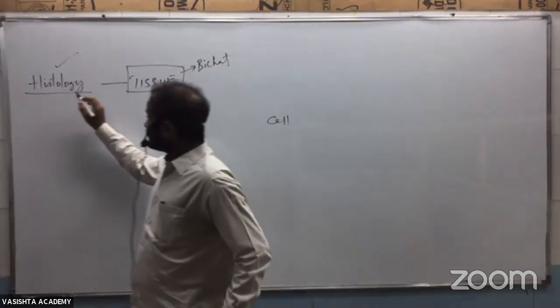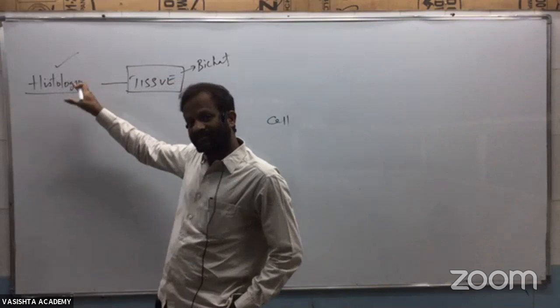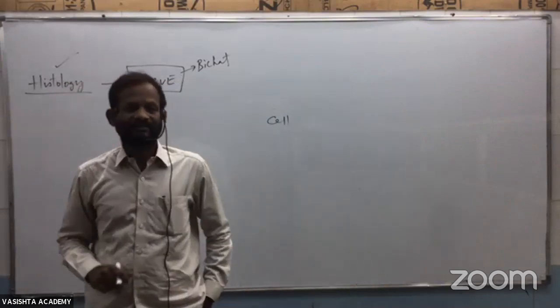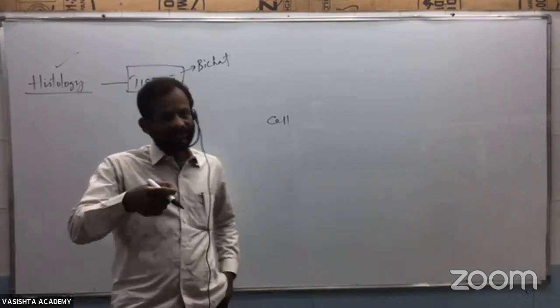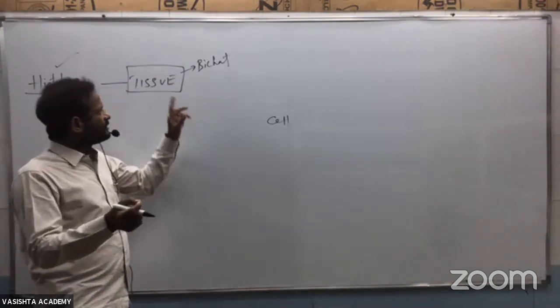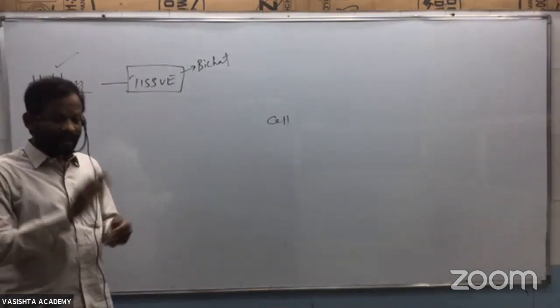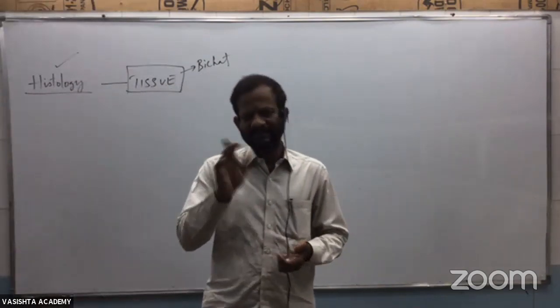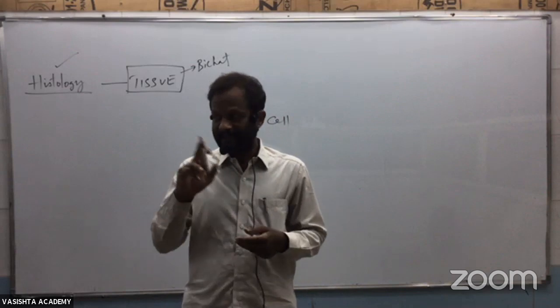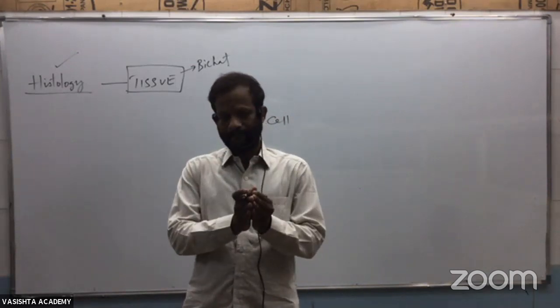And here, histology is different. That is a branch, a specialization of science which tells everything about tissues. If you want to study only cells, that is cytology, which is different. So cytology deals with only the cell.